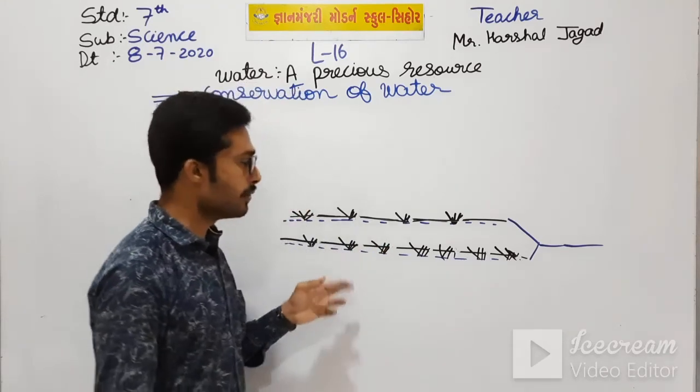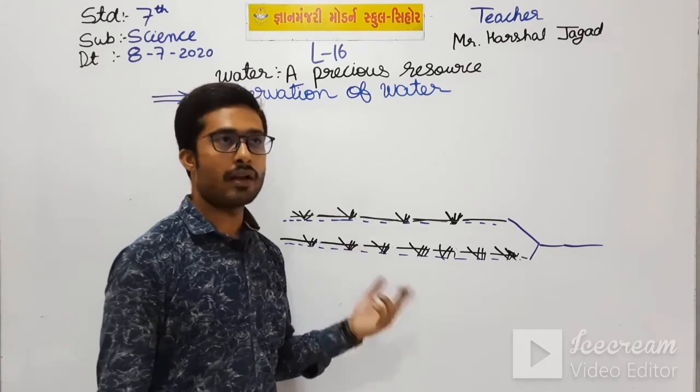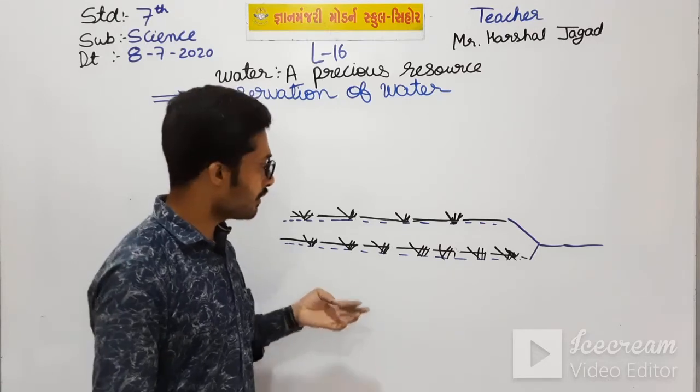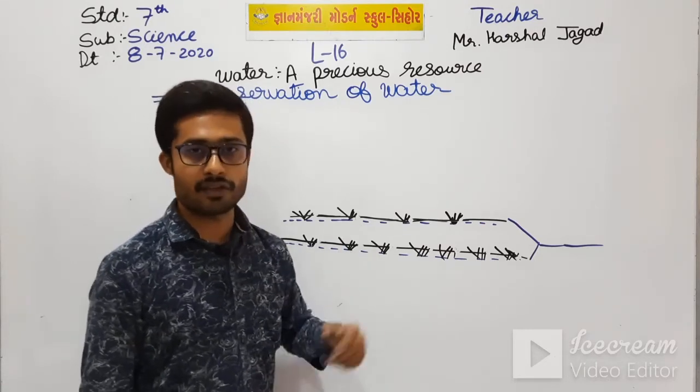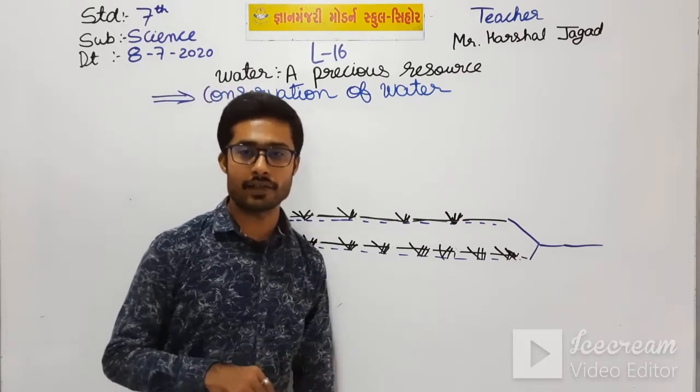So we should use drip irrigation methods in the farms, or at homes where we have planted trees. Okay, students, we should use the drip irrigation method for the conservation of water in agriculture.